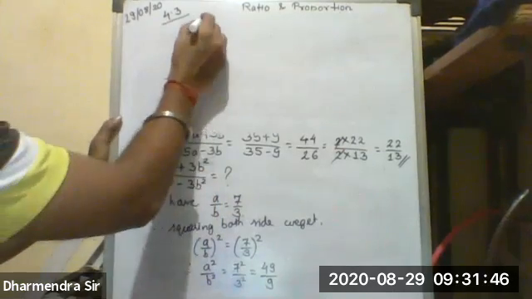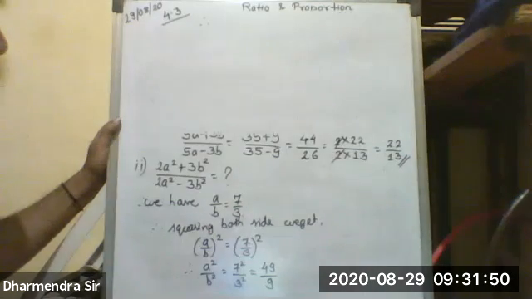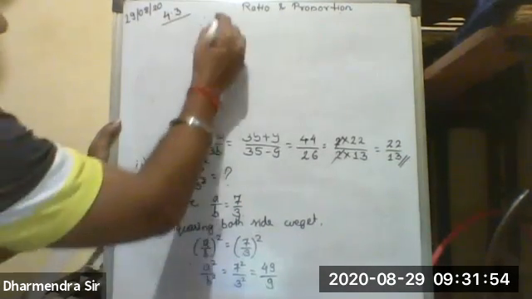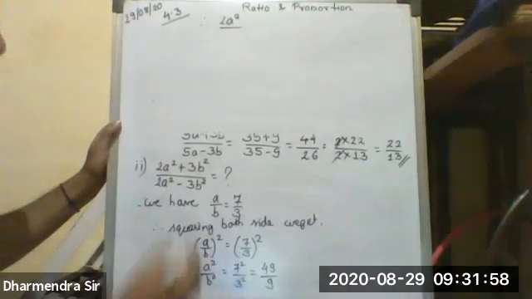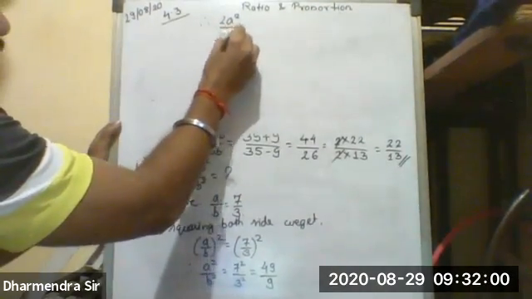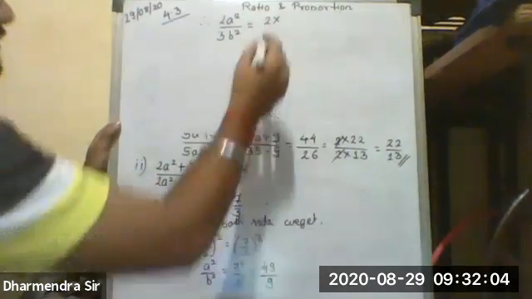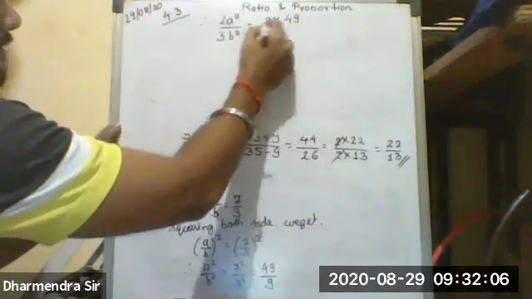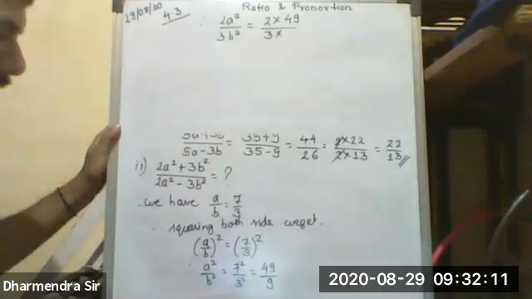What do we do? Multiplying by 2 in the numerator and multiplying by 3 in the denominator on both sides, we get 2a square upon 3 times b square is equal to 2 into value of a square is 49 upon 3 times value of b square is 9.